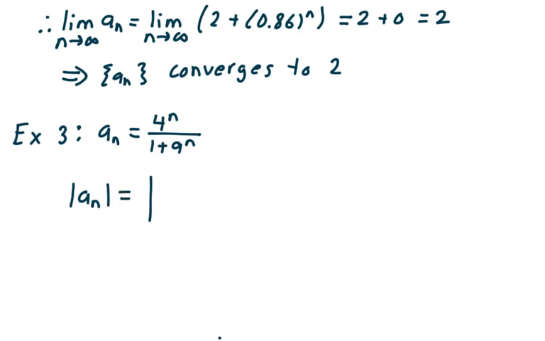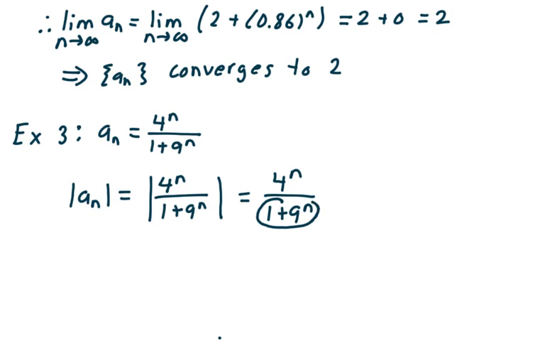But this is the absolute value of 4 to the n over 1 plus 9 to the n, right? But the terms inside the absolute value bars are non-negative, which means we can write this as 4 to the n over 1 plus 9 to the n. Let's pay attention to this denominator.